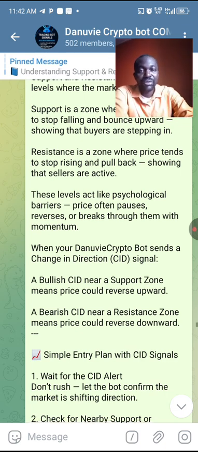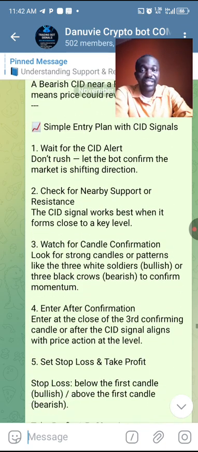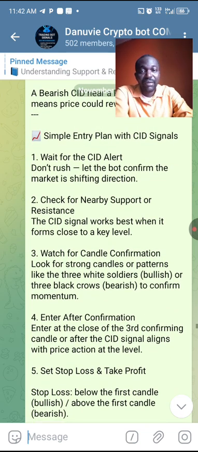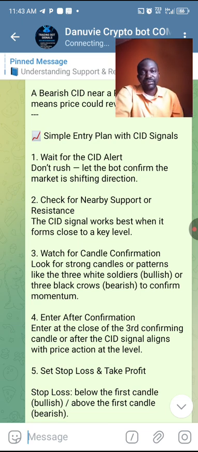Now we're going to look at the simple entry plan with confirmed change in direction signals. The first one is to wait for the change in direction alert. Like I've said, don't rush. Let the bot confirm the market is shifting direction. It's very important that you wait for the bot to send you a signal, because there are certain variables that the bot is calculating that we as traders cannot see.